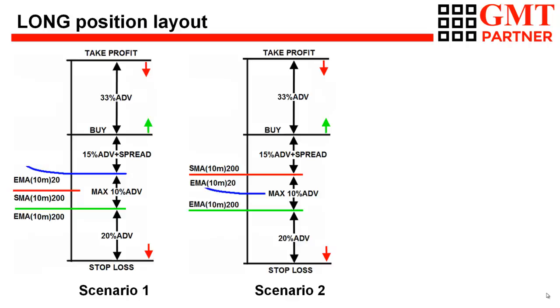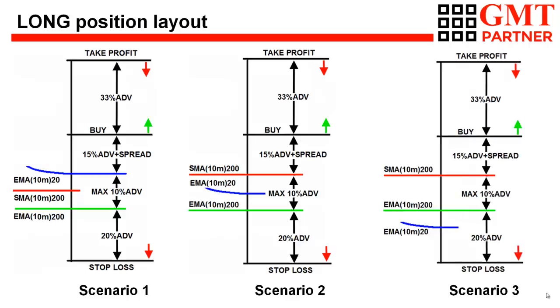red and green. In situation number 3, the short-term moving average crosses two long-term moving averages, thus generating a formal signal of trend reversal. However, the death cross signal generated by these moving averages is not clear enough. Therefore, in this particular situation, in accordance with the rules of the strategy, the trader still has to be ready to open a long position.